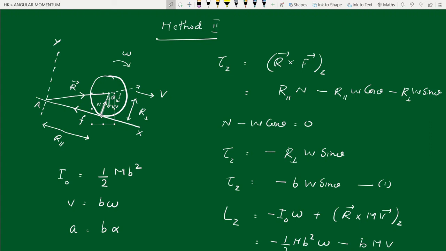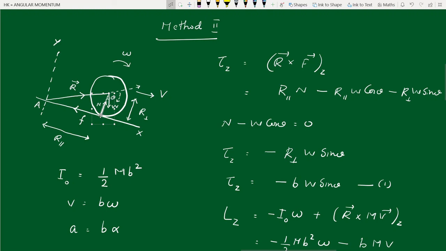So we need to consider only the torque due to W. The torque due to W cos theta also will be 0 because W cos theta is radially directed. So the only torque comes from W sin theta if you choose this point as the origin.